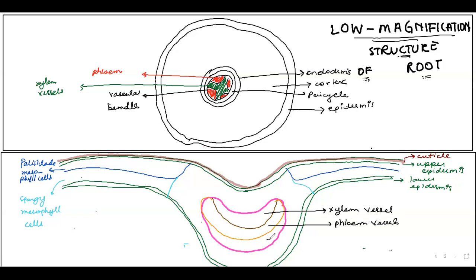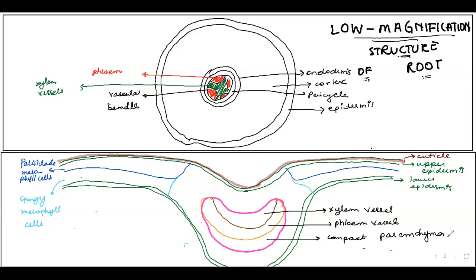Then the outermost layer is a special type of cells that we call parenchyma. Parenchyma are basically these sort of packing cells. They're the packing cells that help provide some support, some strength to the tissue.